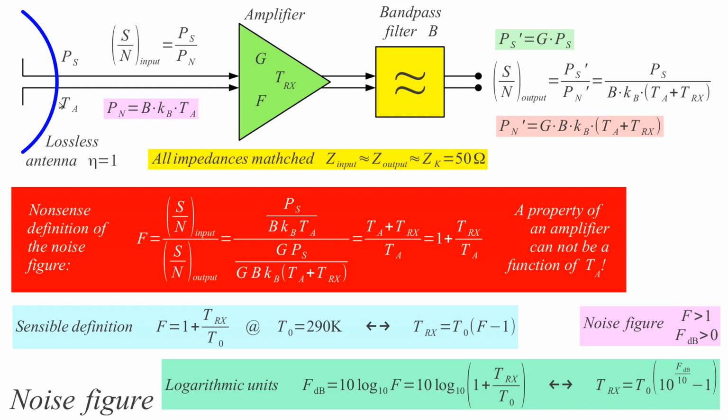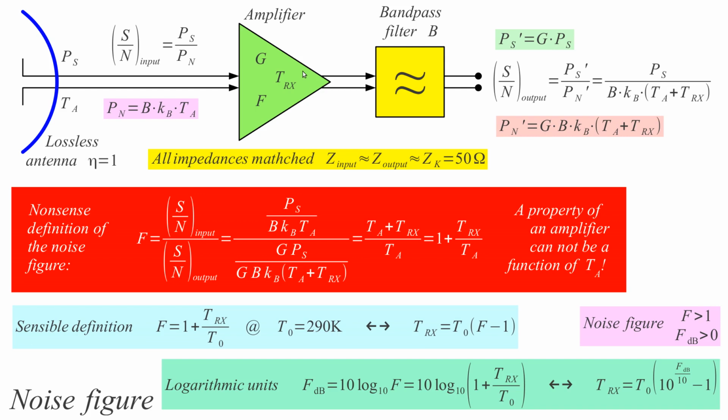And this noise temperature of the antenna may change. So how could the properties of an amplifier change by changing another component in the system? This makes really no sense. The property of an amplifier cannot be a function of the antenna, because we can connect another antenna, and this thing will change, and the amplifier will not change in the time in between.